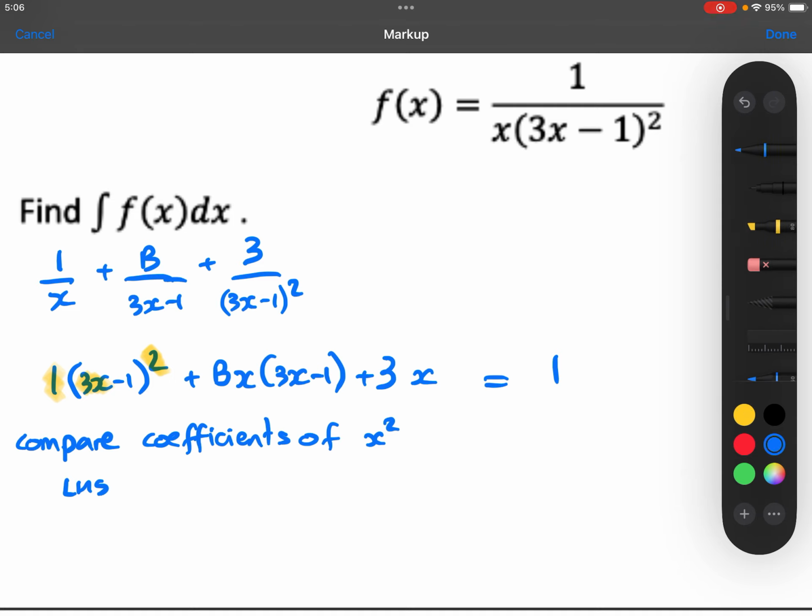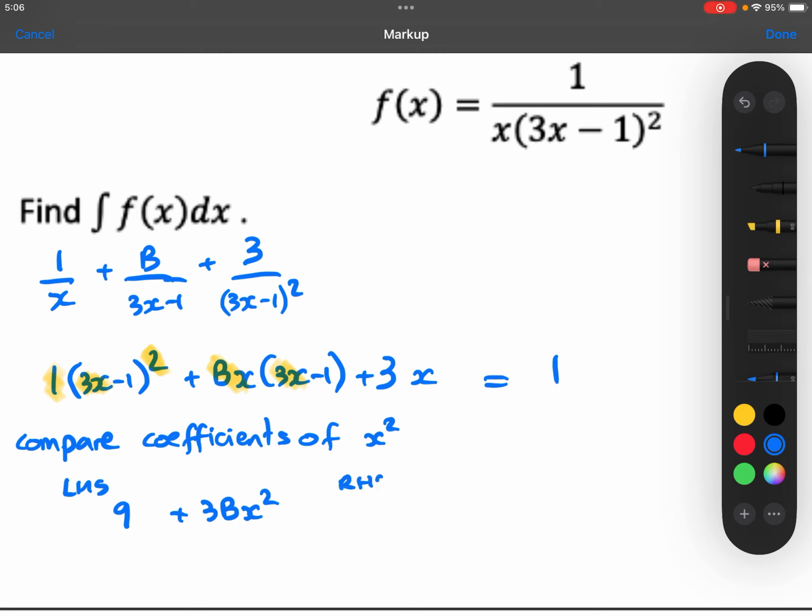So that's a 9x squared. I would then have a bx times a 3x, which would be 3bx squared. And those are the only x squared terms I have on the left-hand side.